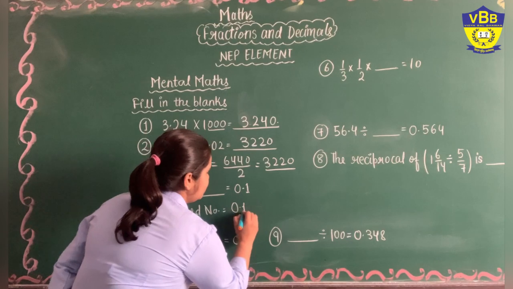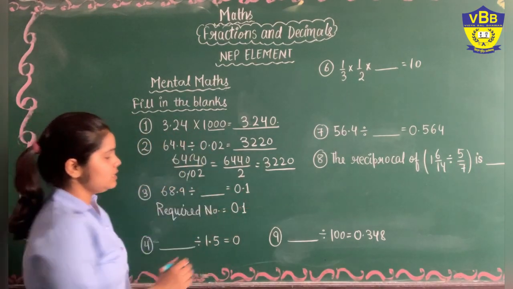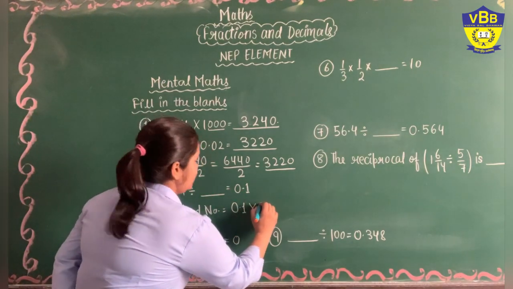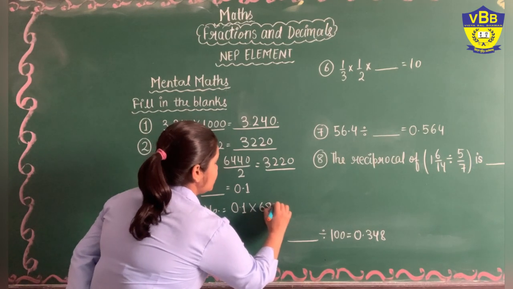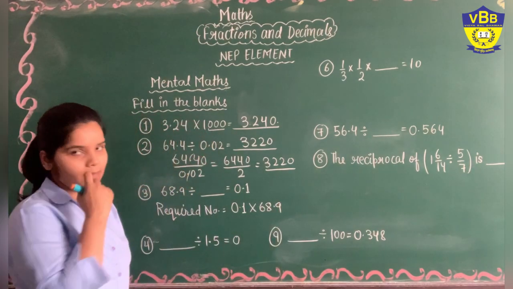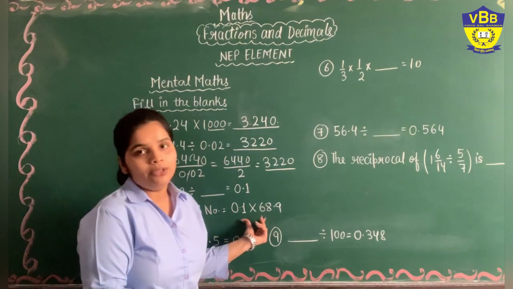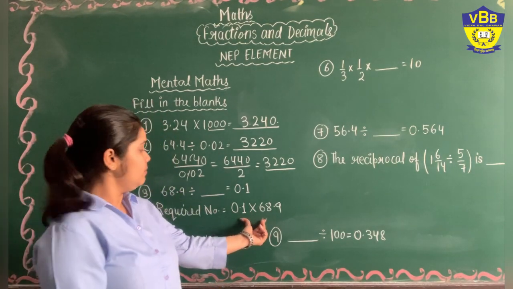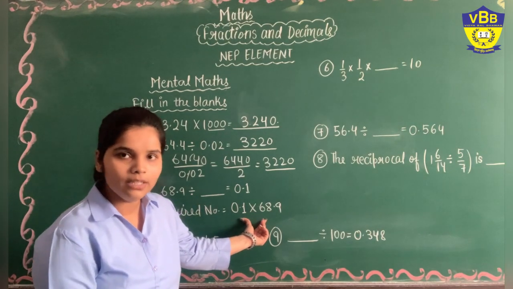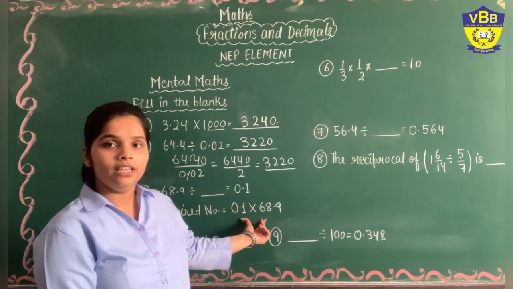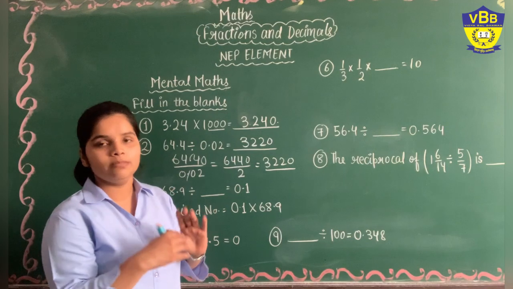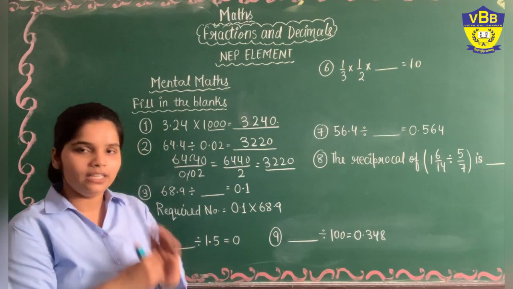This is in division, it will go to the other side and become multiplication. It will be 0.1 multiplied by 68.9. To multiply two decimal numbers, multiply the whole numbers ignoring the decimal initially and put the decimal at the end in the final product.